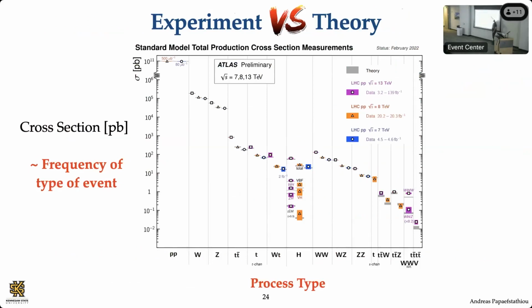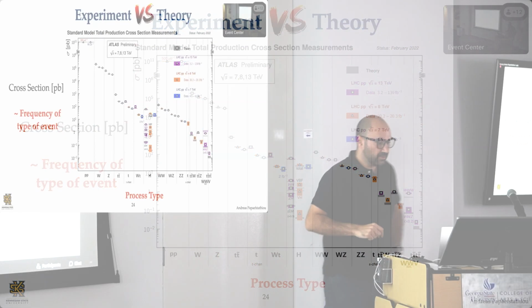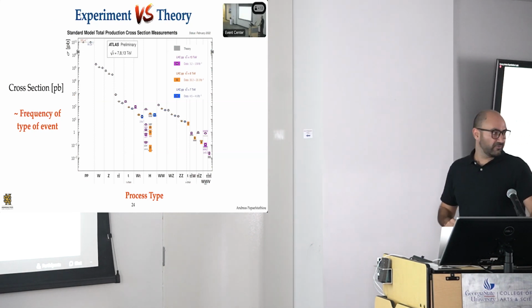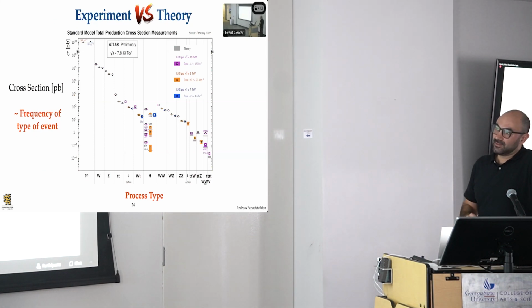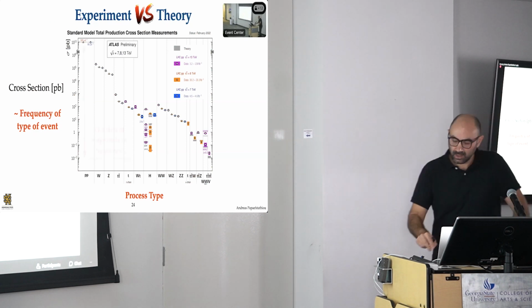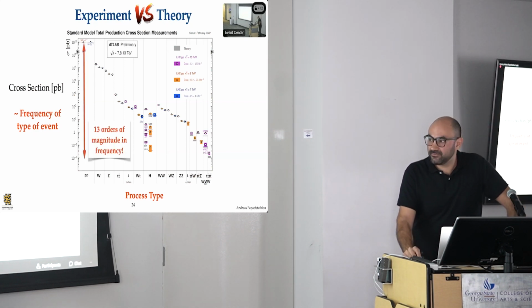The gray lines are theoretical lines, and there's not much separation between the theoretical lines and the experimental measurements, which are the colored little rectangles. They lie on top of each other for these processes, and the frequency variation between these processes is 13 orders of magnitude. So it's a really good result for the measurements versus theory.